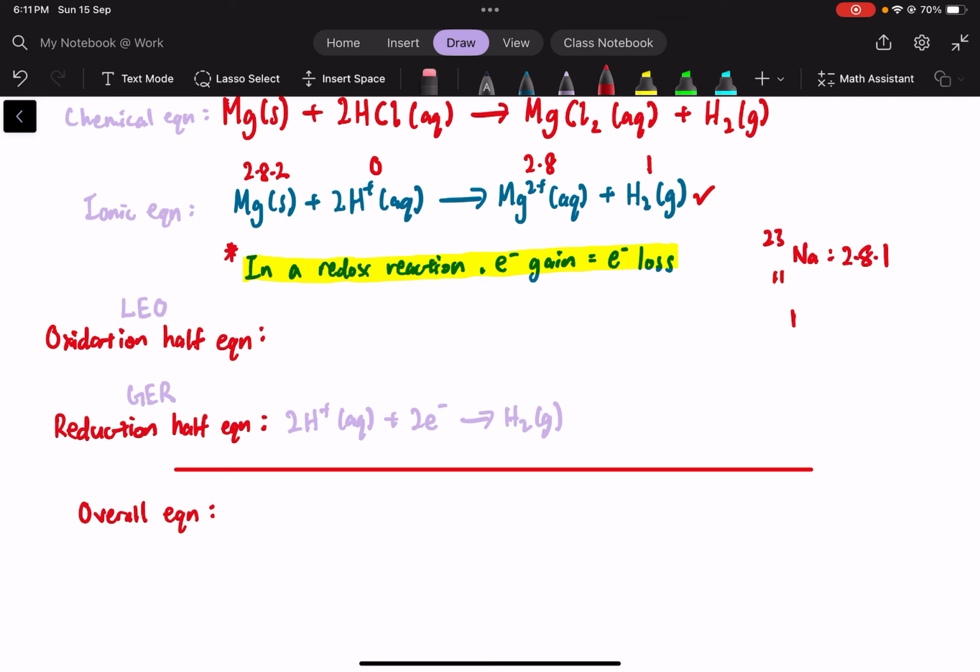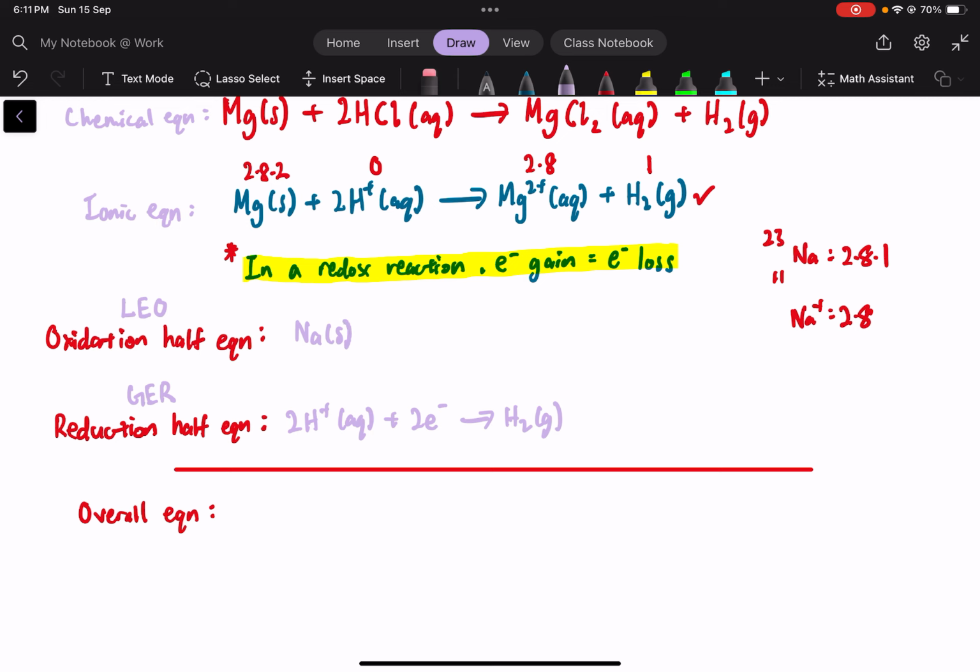For it to form an Na+ ion, it has to lose the extra valence electron it has. So for Na+, the electronic configuration is 2, 8. Given this information, and that loss of electrons is equal to oxidation, we can write the new oxidation half equation for sodium.